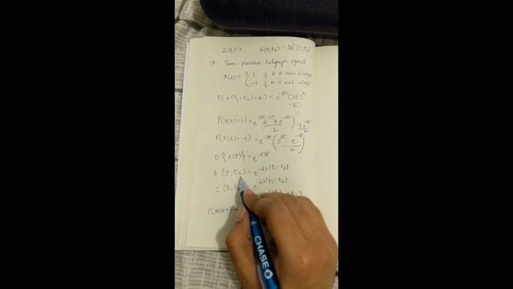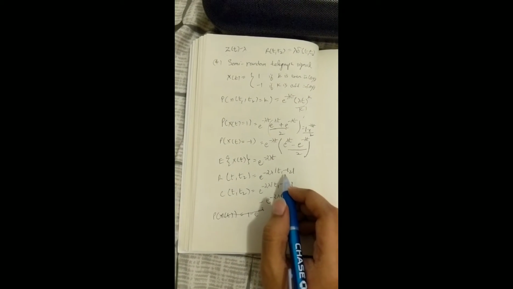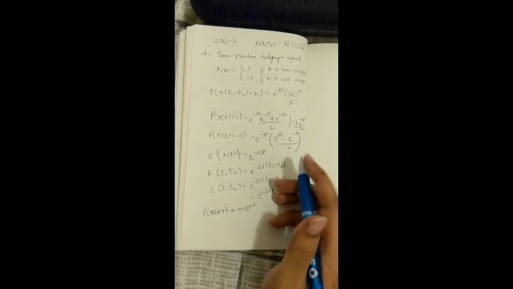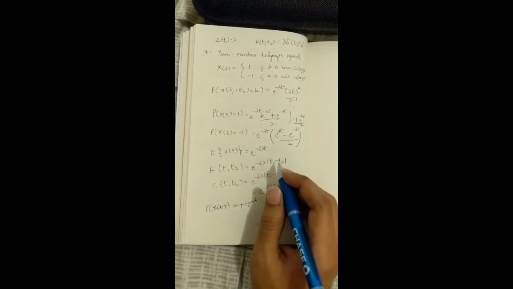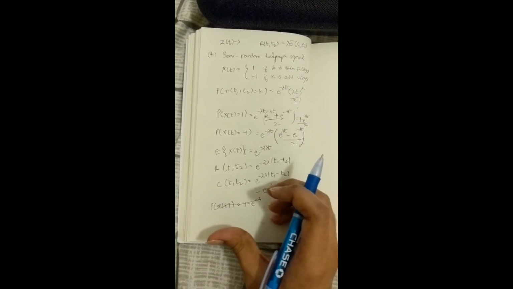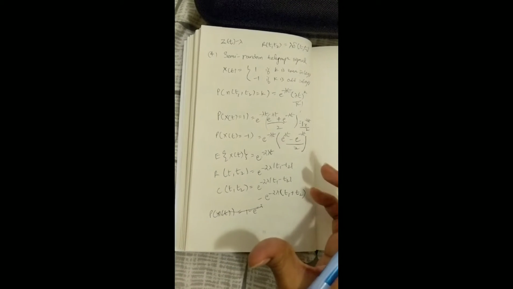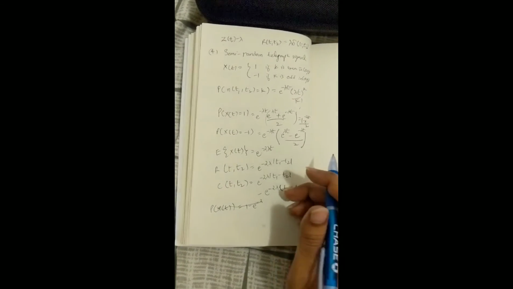The autocorrelation goes to 0 as the modulus of t1 minus t2 goes to infinity, and it makes sense because as t1 and t2 are far away, x of t1 and x of t2 are less correlated.